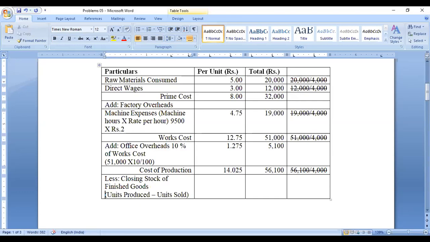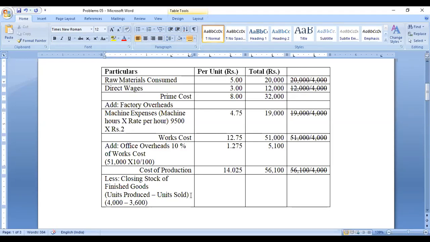So 4,000 units produced minus 3,600 units sold. What is the amount left out in your factory? It is 400 units.